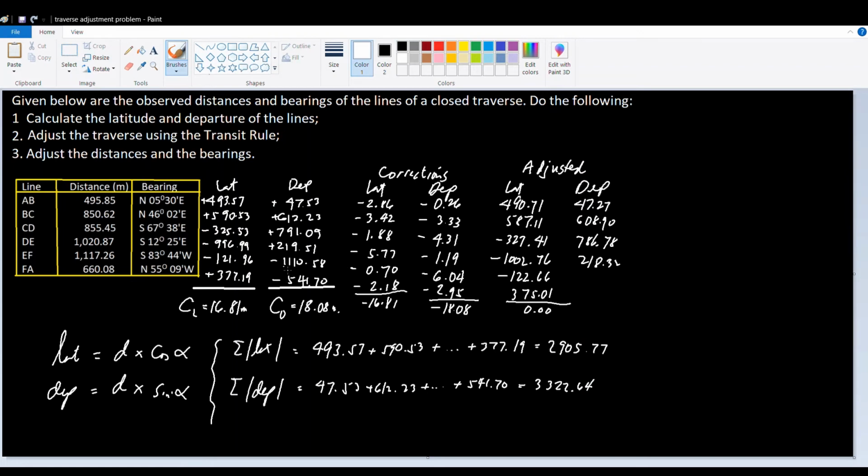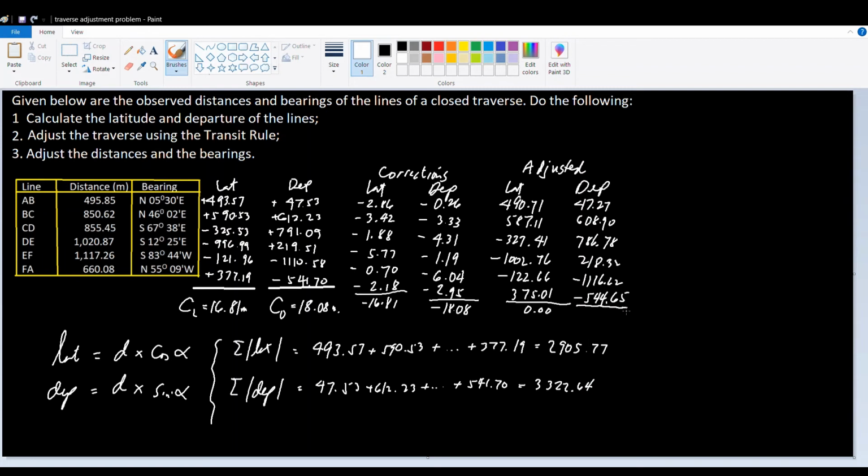Negative 1110.58 minus 6.04 is negative 1116.62. And for the last line FA, negative 541.70 minus 2.95 is negative 544.65.